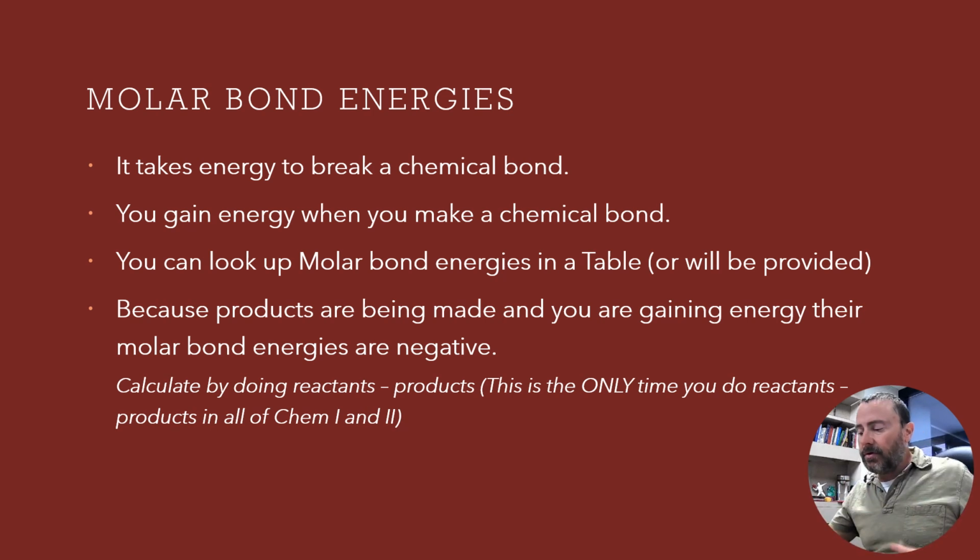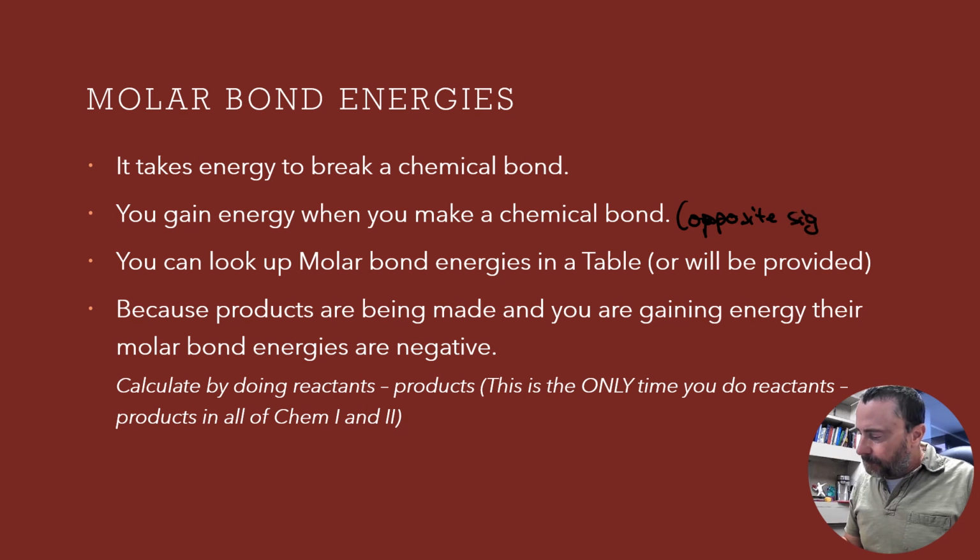You can look up molar bond energies because we have figured out how much energy it takes to break apart a bond, and they're the opposite sign but the same magnitude whenever you make a chemical bond. We can look these values up and then make calculations.